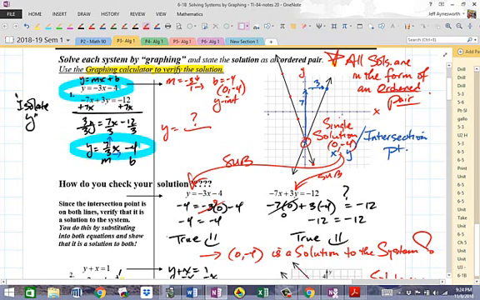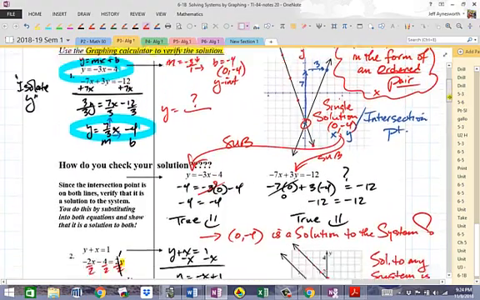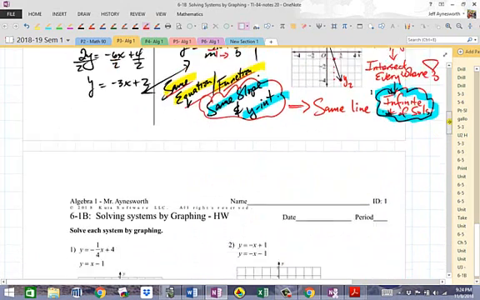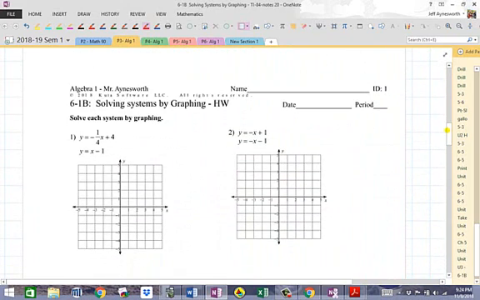Okay, remember that. You're looking for x comma y here, where they meet, where they intersect. So keep that in mind at all times. You may have a single solution, no solution, or an infinite number of solutions. And now the only thing you need to do is get good at it.